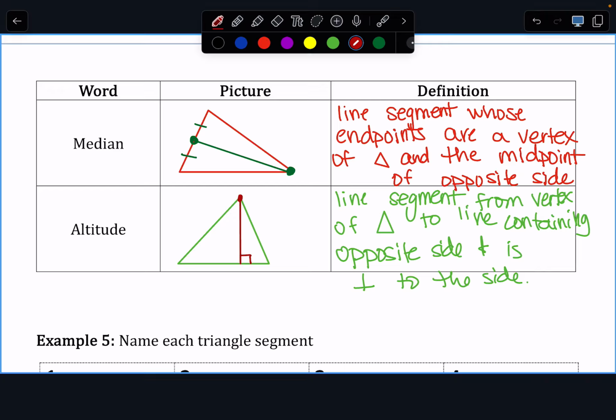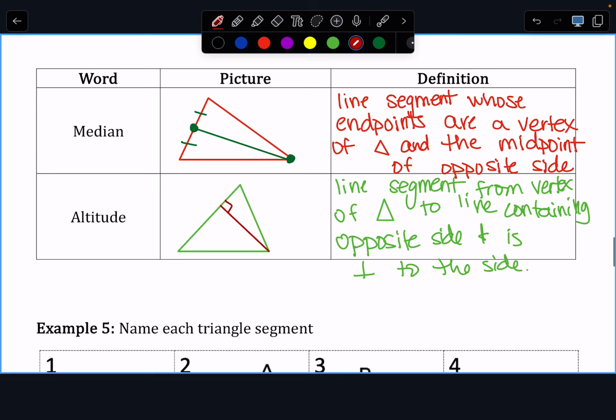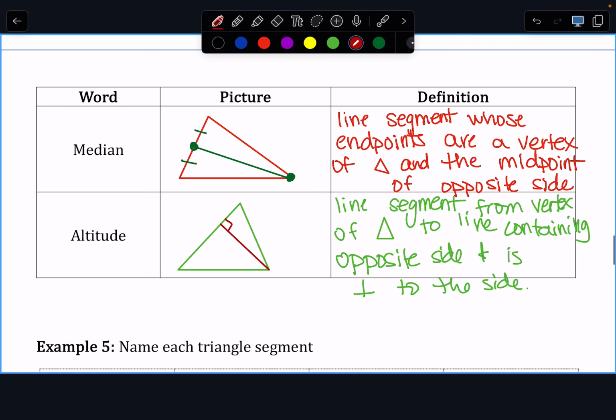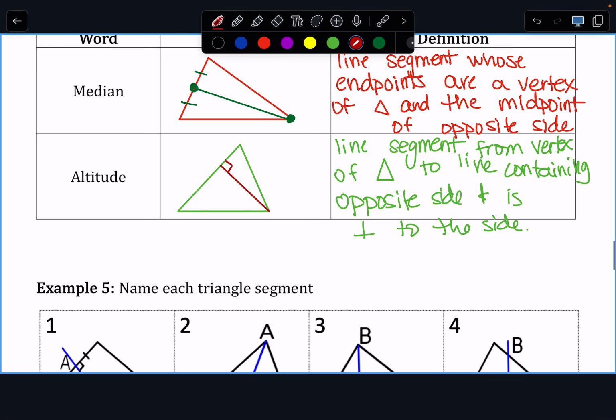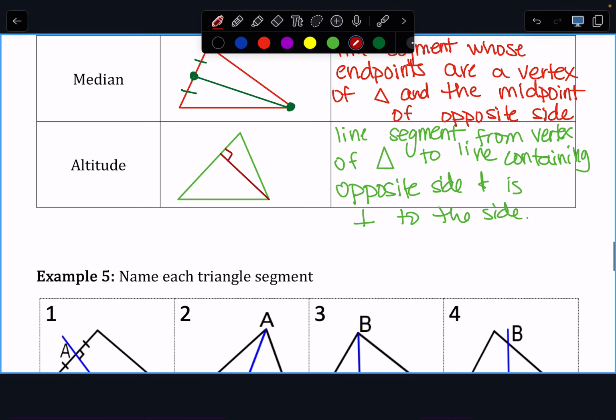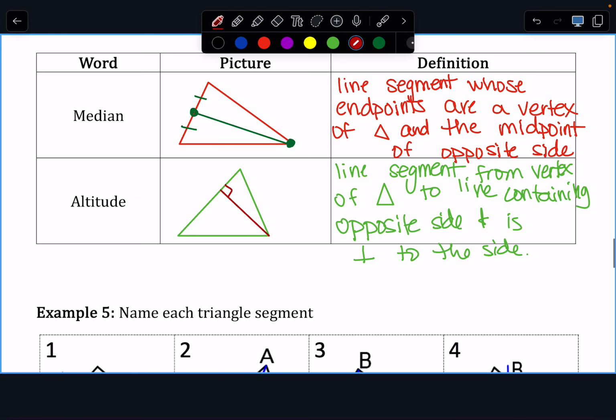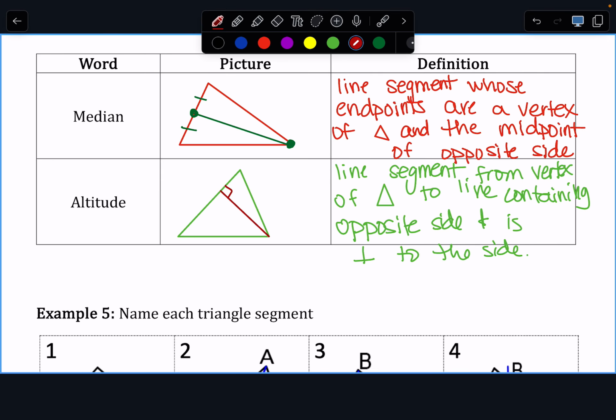Yes. There's technically 3 different altitudes in there, but I'm only ever going to have you draw one at a time.